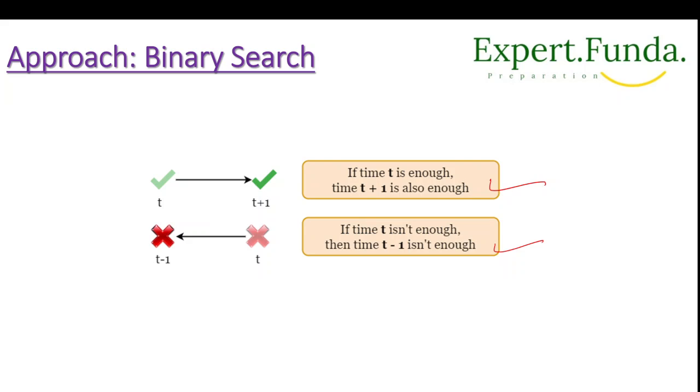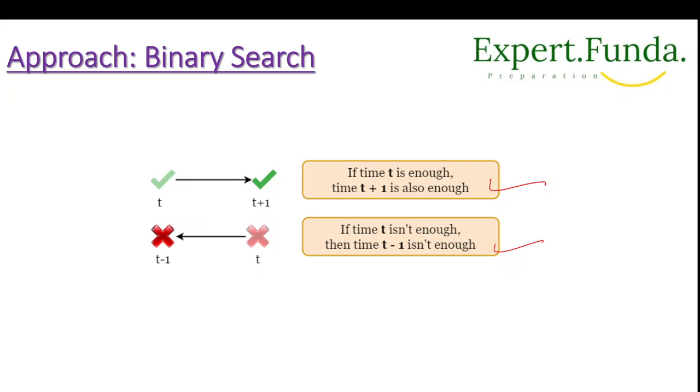So we shall look for a better way to locate the minimum time. After some observations, we see that if time t is enough, then t plus 1 is also enough, correct? And if t isn't enough, then t minus 1 isn't enough.